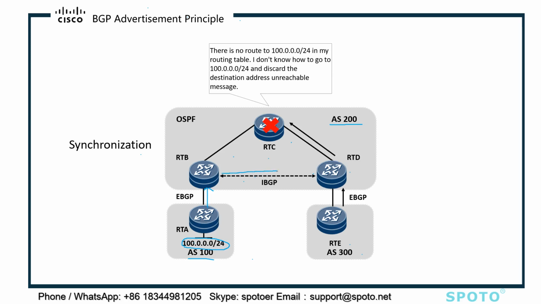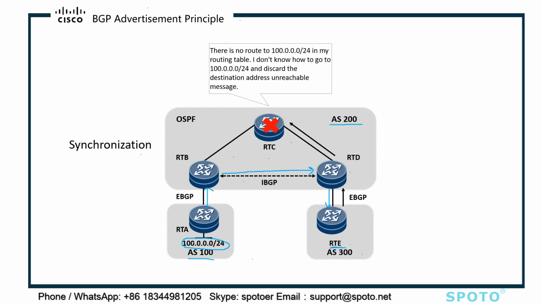RTB will send the route to RTD, and RTD will continue to send this route to RTE. In this situation, we can see the advertisement of the route is successful, but we can't send that to RTA.